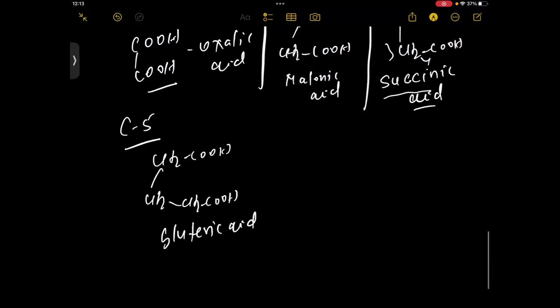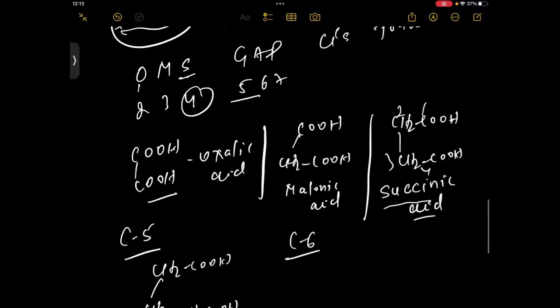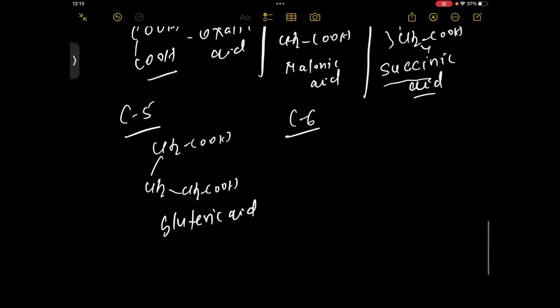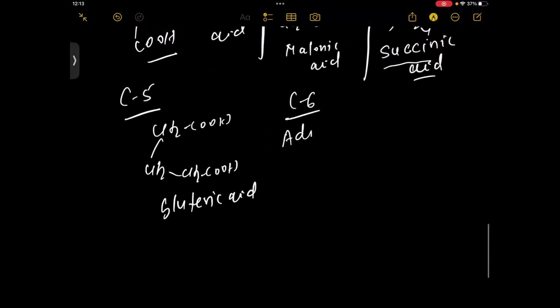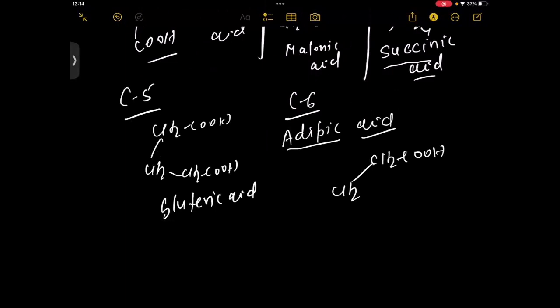And C6, 6 carbons, here is adipic acid. And what would be the adipic acid here? COOH, CH2, CH2, CH2, CH2, COOH: 1, 2, 3, 4, 5, 6. This is called adipic acid.